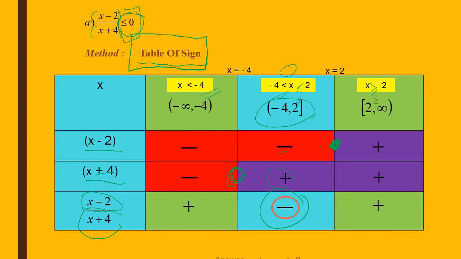If you want to give the answer in solution form, this is the solution set: x such that from negative 4 to 2 where 2 is inclusive. In interval form, the answer is round bracket negative 4 to 2 square bracket, because negative 4 is not included. Why? Because it's in the denominator, so the value negative 4 shouldn't be included.